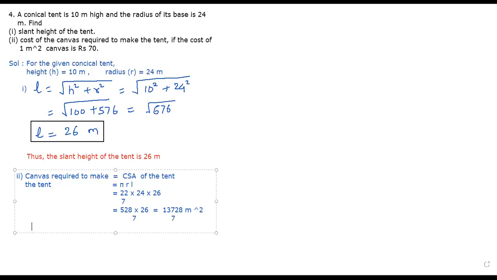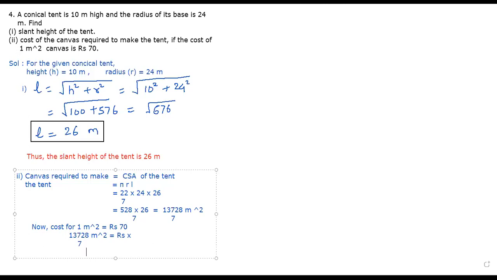And now they have given us the cost factor. Cost for 1 meter square is equal to rupees 70. These many meter square, 13,728 upon 7 meter square, is equal to rupees X. Do the cross multiplication.